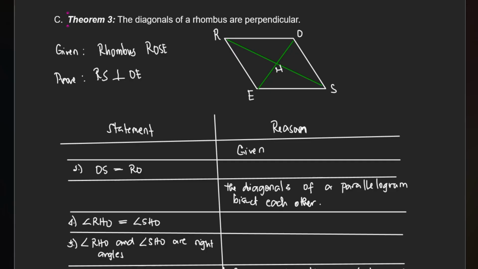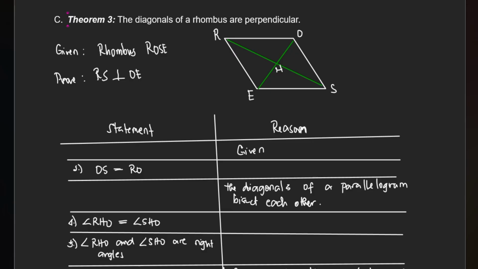For example, if we have the x-axis and the y-axis, once they meet, this angle is 90 degrees, this one is also 90 degrees, and this one and this one are 90 degrees. So generally, pag sinabi natin perpendicular, it creates 90 degrees.